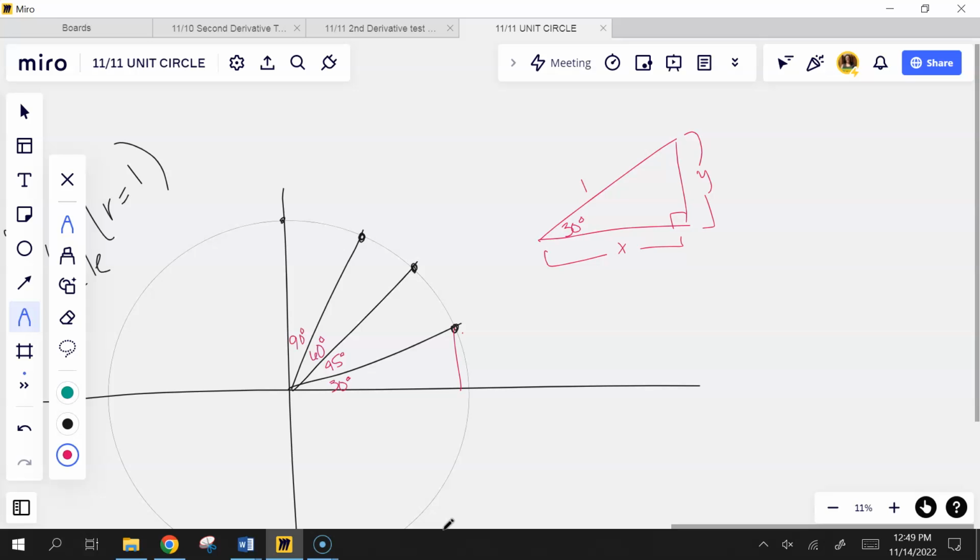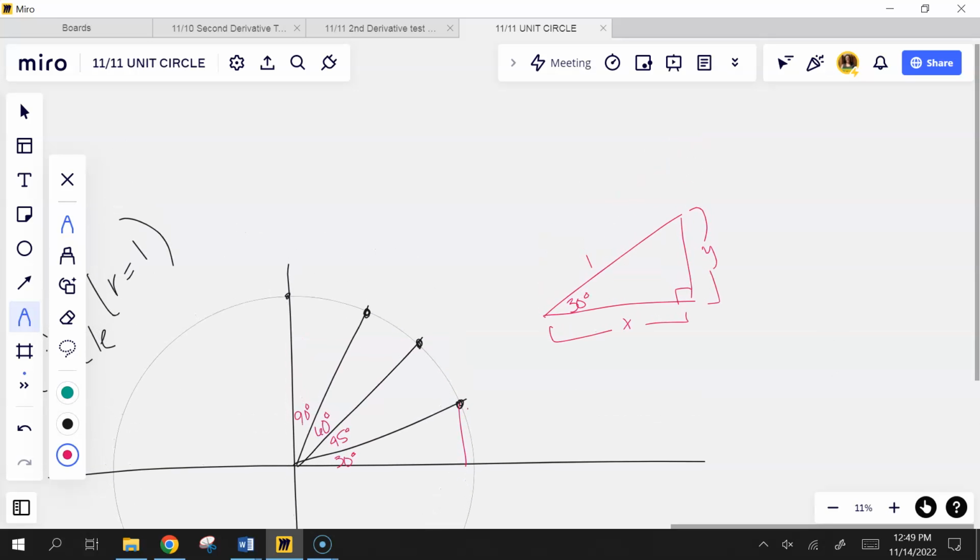Okay, without SOHCAHTOA. There you go. Now, this is the short leg, right? And 2 times the short leg goes where? On the hypotenuse.